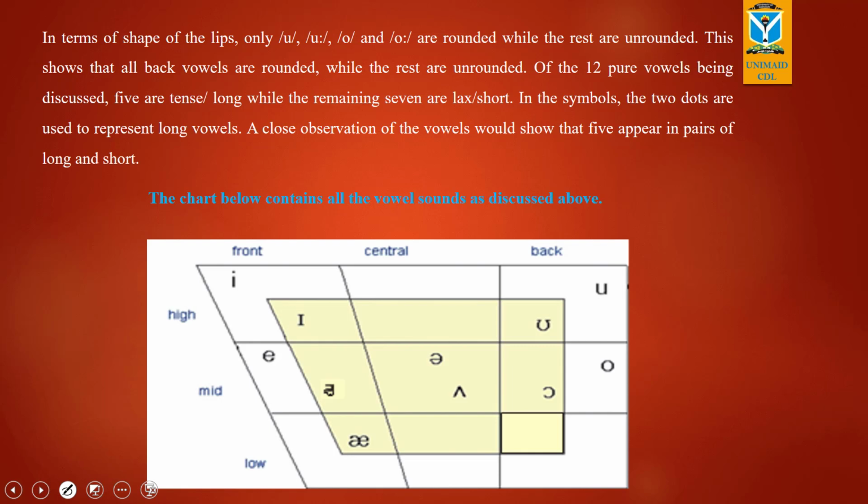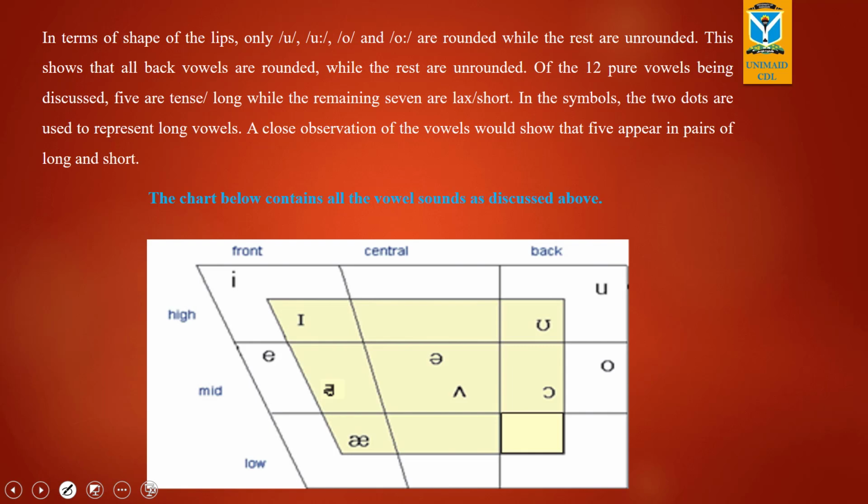In terms of shape of the lips, that is the third parameter in the vowel description. These are the vowels that are captured, and they are termed as round vowels. Then the rest are unrounded. This shows that all back vowels are rounded, while the rest are unrounded.